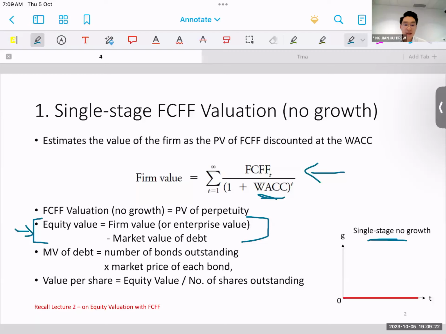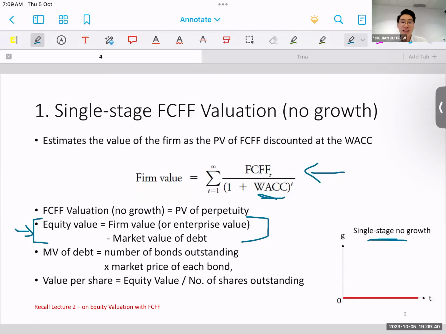Let me repeat this again. If we use FCFF to get the value of the firm, and we are given the market value of the debt, we can find the value of the equity by taking the value of the firm minus the market value of the debt.